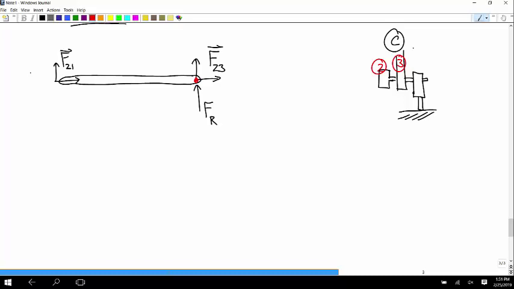Okay, so Newton's second law, I'm not going to write out rho and force and moment on this one. It's a little simpler. So Newton's second law says F21x. Oh, and before I do that, we already have an F12, so let's use Newton's third law.